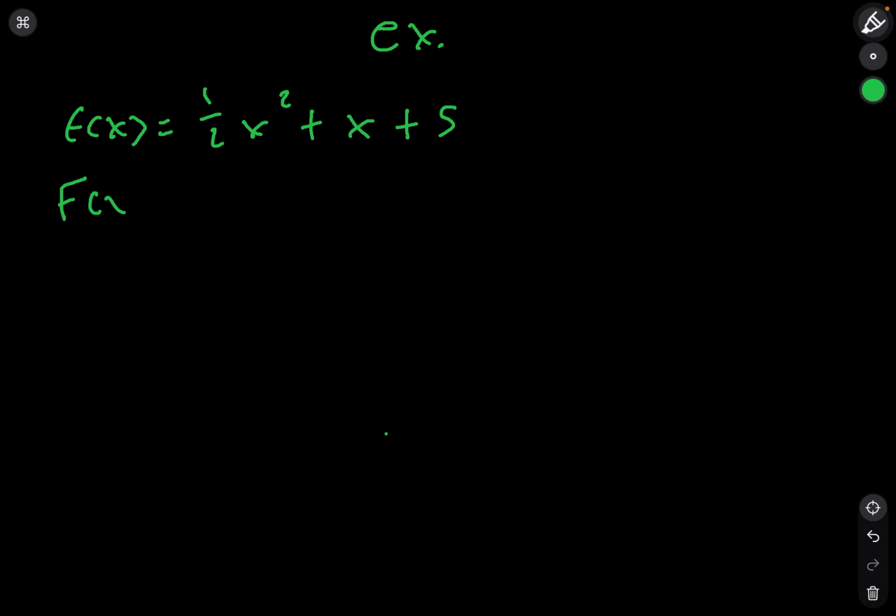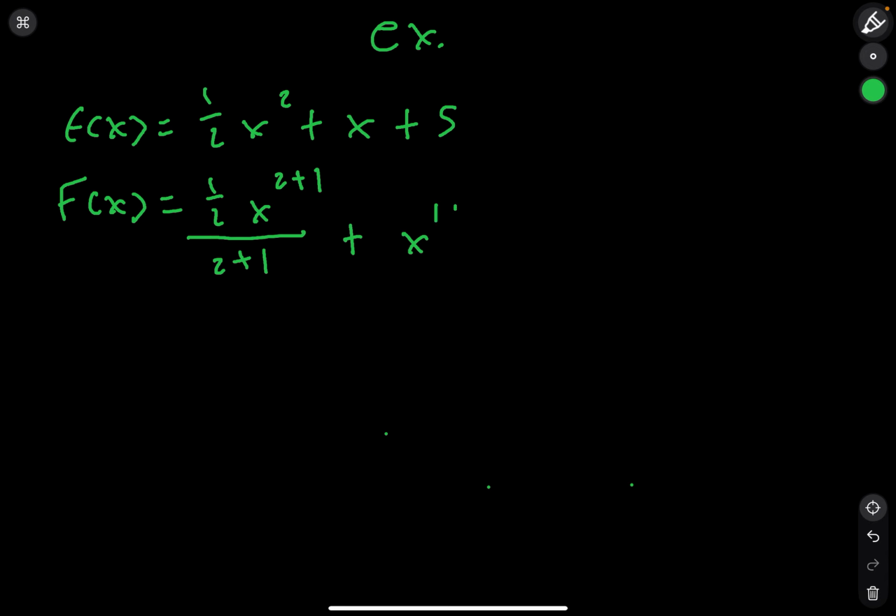Big F is equal to 1/2 times x to the 2 plus 1 all over 2 plus 1, plus x to the 1 plus 1 all over 1 plus 1, plus 5. And this is very important that you know this.